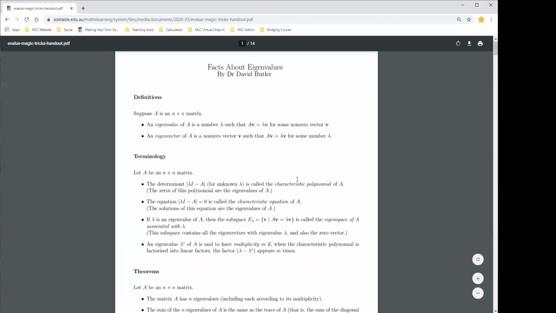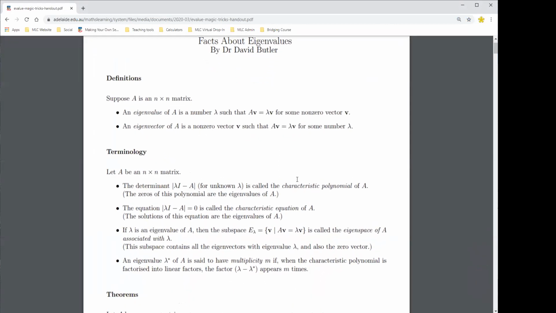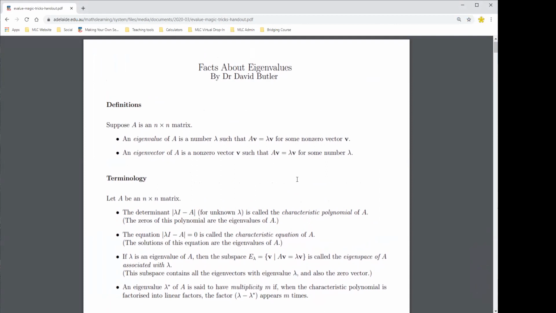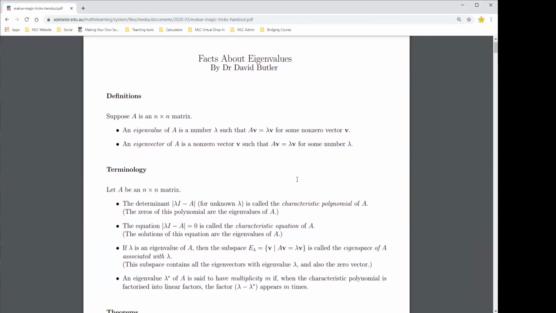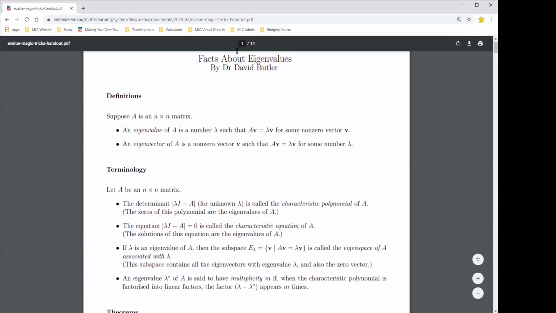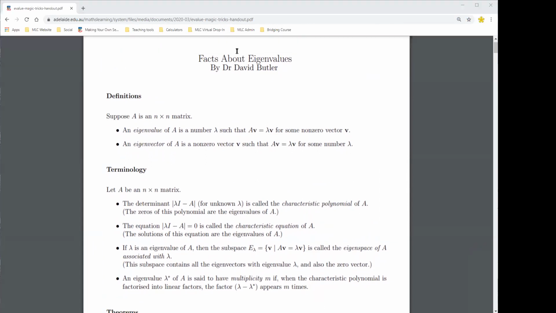So this is a handout that I made once, which has various facts about eigenvalues that I thought it would be useful for you to know where to find. There's a definition, Av equals lambda v, and you're always allowed to use that.